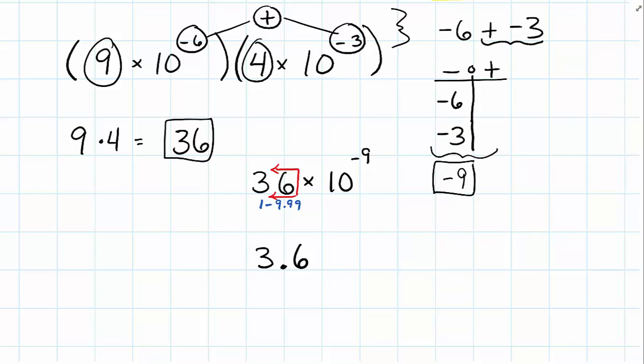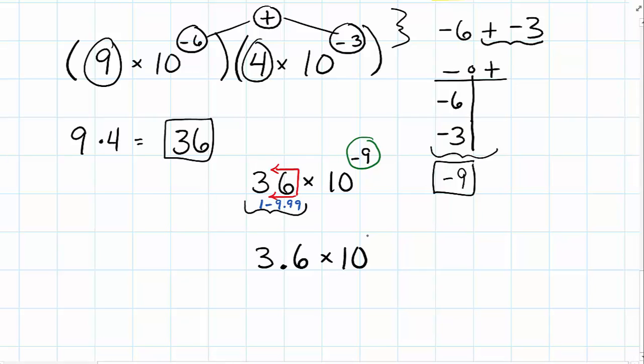Now, this is where it can get confusing for kids. Since my number of 36 became smaller to 3.6, my exponent now has to become bigger. And in order to make that bigger, I need to make sure that I'm moving toward the right on a number line. So I'm adding 1 to -9 because we moved it one place value.